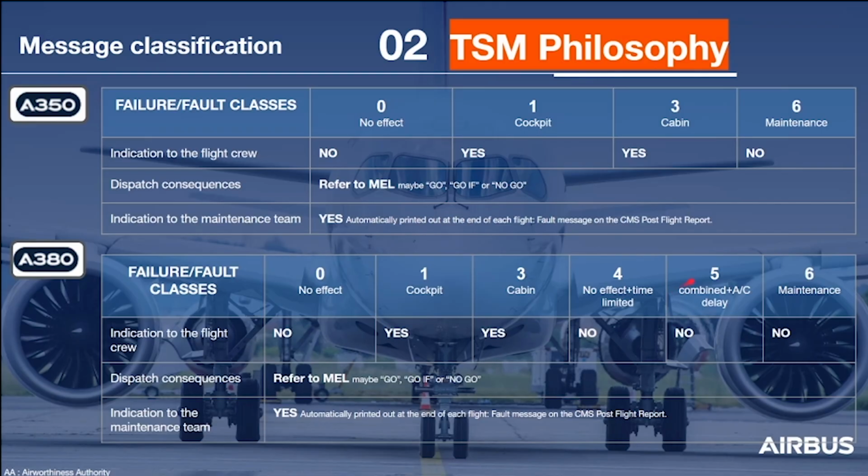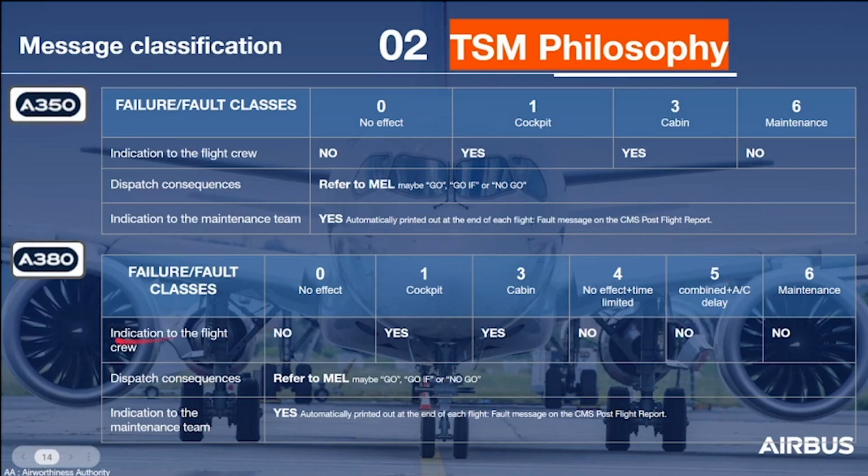In fact, they are similar to class 2, the maintenance status message that we have just seen before under the A320 family. And then we have class 5, all the faults without operational event, neither in the cockpit nor in the cabin, nor time limited, but when they are combined with one or several additional faults, they will lead to an operational event in the cockpit and can lead to an aircraft delay.